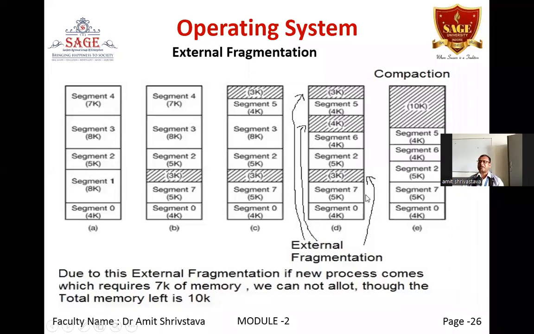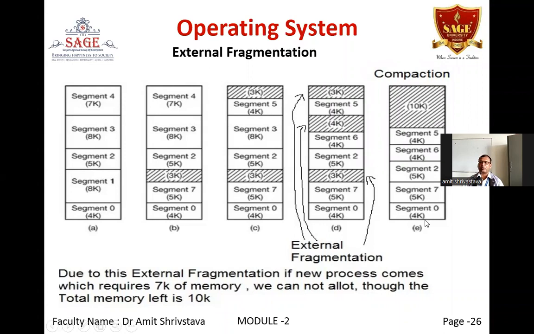Why? Because if we allocate only 3K minus 1 byte, we will be left with only 1 byte, and it will be treated as a hole. This 1 byte is of no use to us. It cannot accommodate any other process. So to avoid all this complexity, we simply allocate the 3K to the new process.